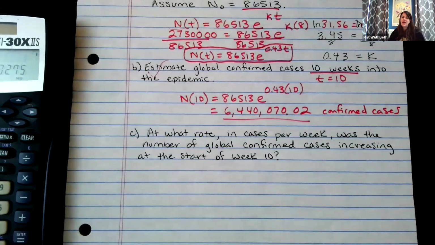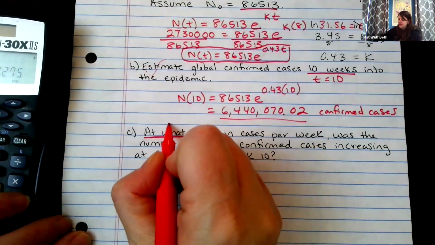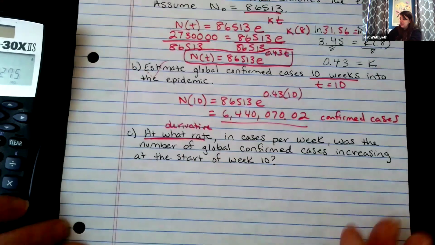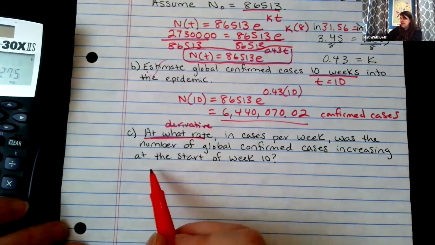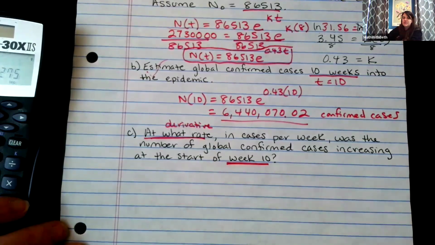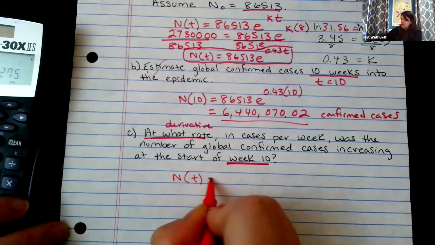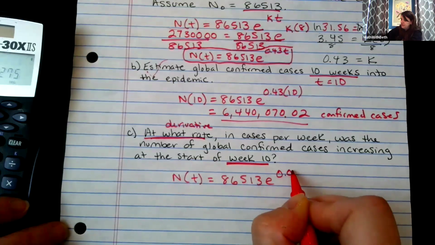All right, and then C, at what rate? So here's my clue right now that I need the derivative. At what rate in cases per week was the number of global confirmed cases increasing at the start of week 10? So that's basically just asking me for the derivative at week 10. So let's go back to my initial equation and let's first find the derivative.